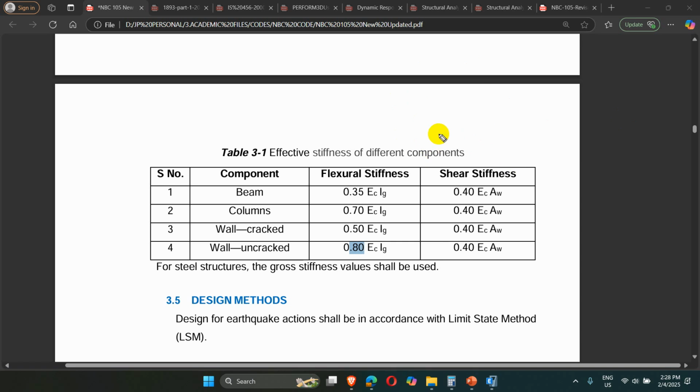If the stiffness value K is high, the force attracted by the member will also be high. And if the stiffness is low, the element will attract low force.